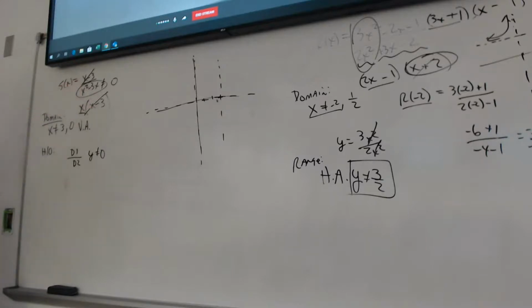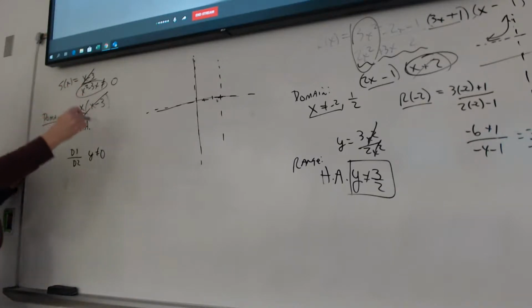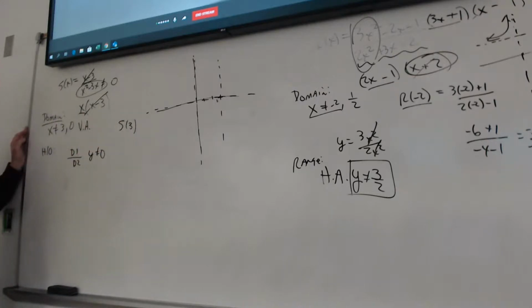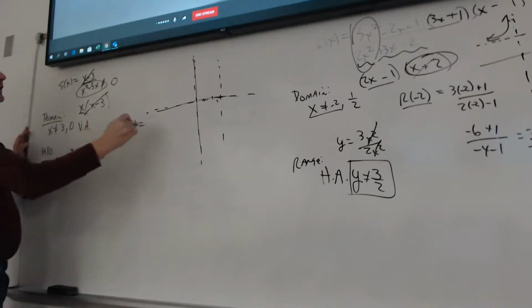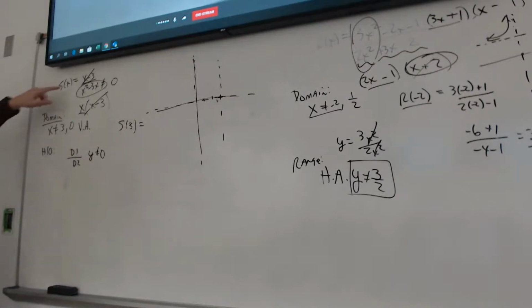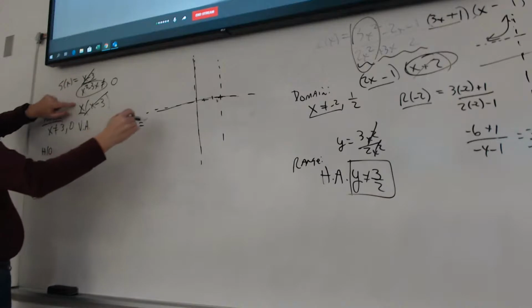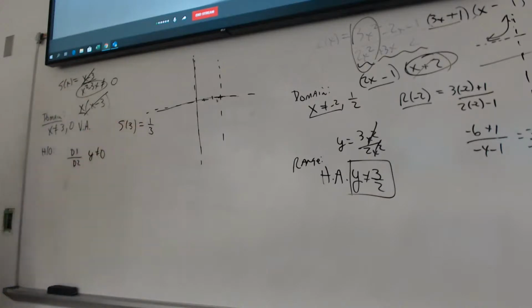At 3. So if I simplify this, I need to find s of 3 with the simplified fraction. S of 3, if this is just 1 over x now, is 1 over 3.